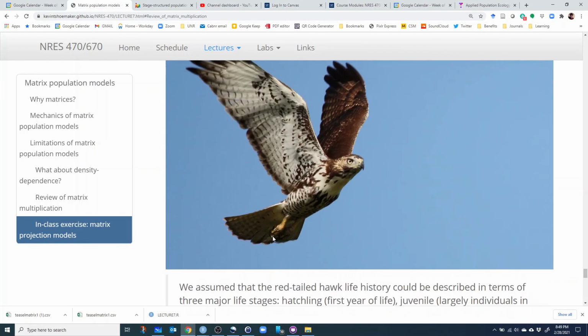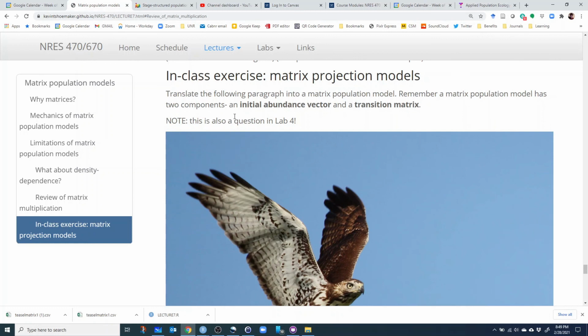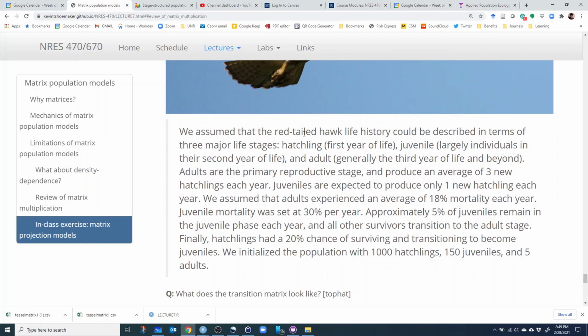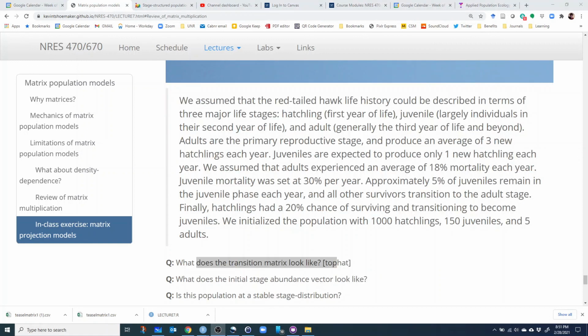And you should know that this is also part of Lab 4. So you'll have a chance to talk about this question in groups this week and give an initial guess at some of these parameters, and then you're asked to repeat this as part of Lab 4.